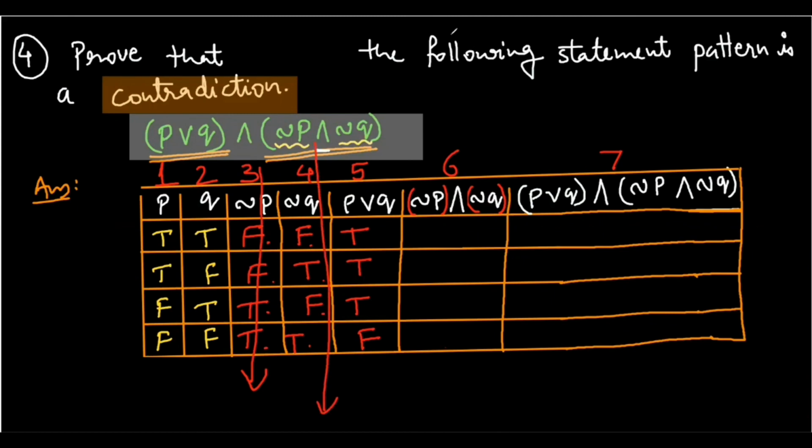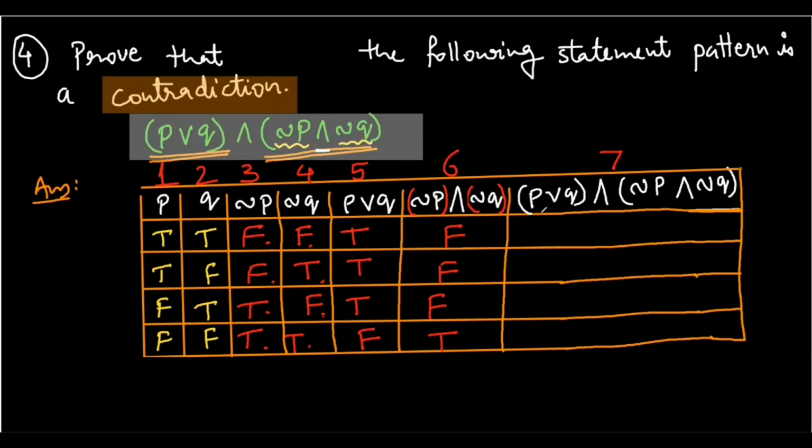I have conjunction. You know the law of conjunction. When both are true, then it is true. Otherwise, false. So we have here both false. It is false. This is also false. This is false. And here both are true. So it is true.